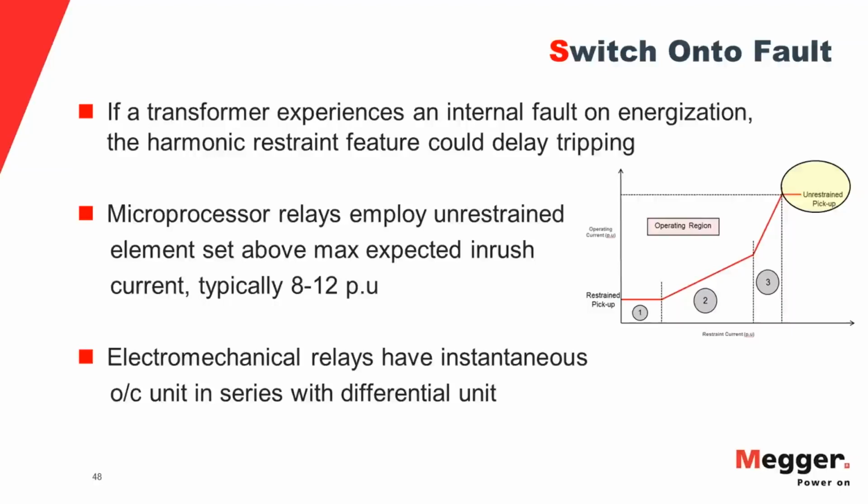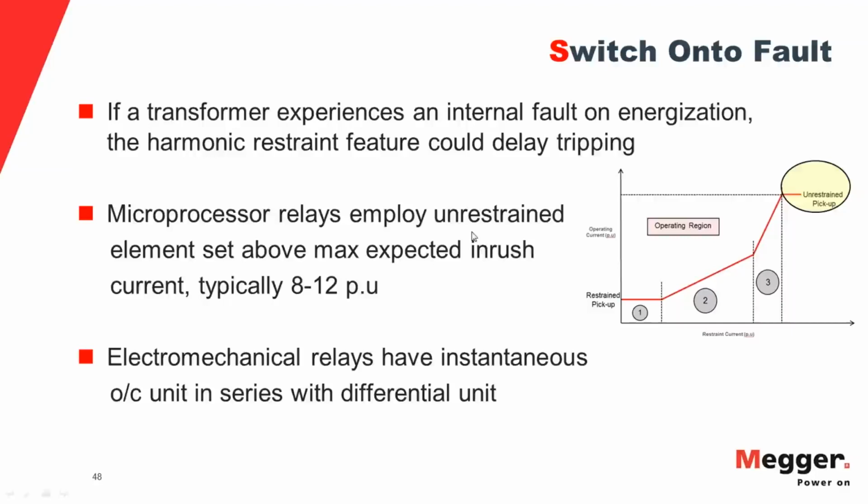Microprocessor relays employ something called an unrestrained element, and it is usually set above the maximum expected inrush, typically 8 to 12 PU. So if it sees a value higher than this 8 to 12 PU, it says, hey relay, you don't have to follow any slope characteristic, you just have to trip instantly.